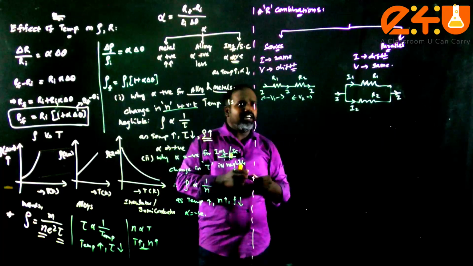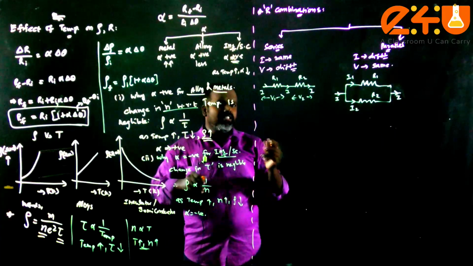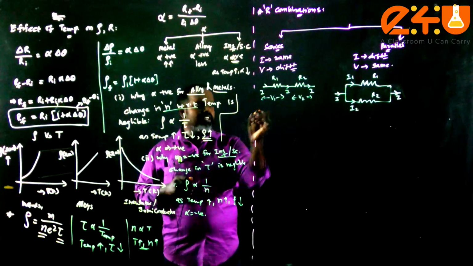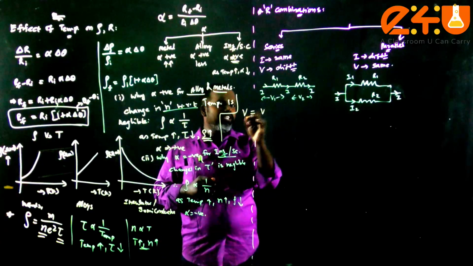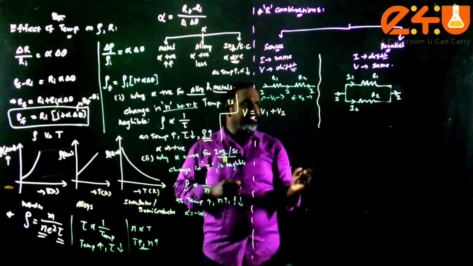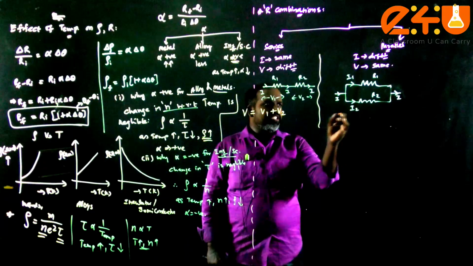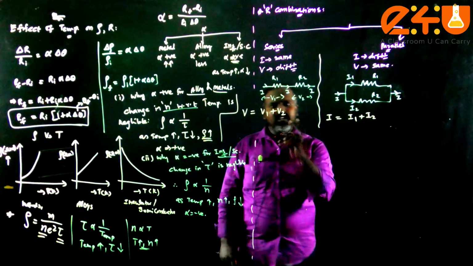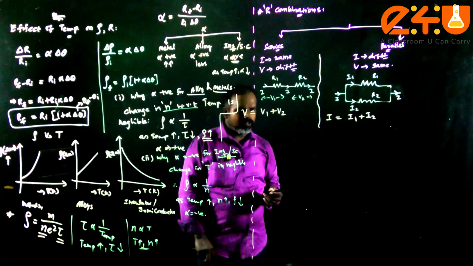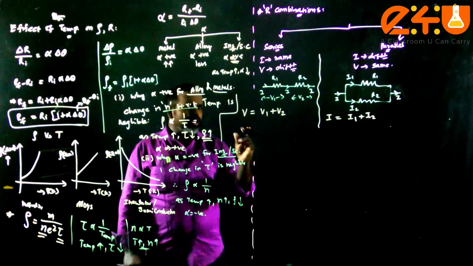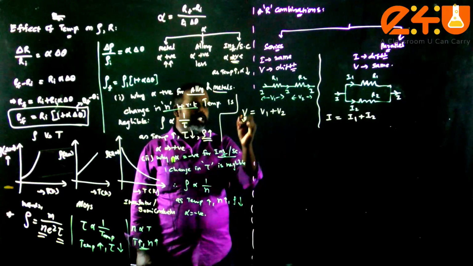Okay. So now you see that the total voltage or effective voltage V is equal to V1 plus V2. Similarly here I can write that total current I is equal to I1 plus I2. So when doing them in parallel, we can easily identify what kind of difference there is. Now, according to Ohm's law, V is equal to IR.